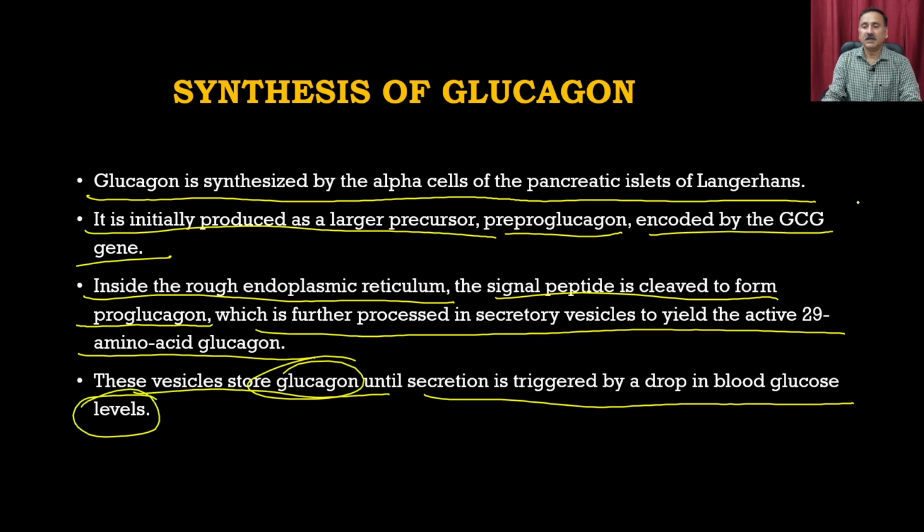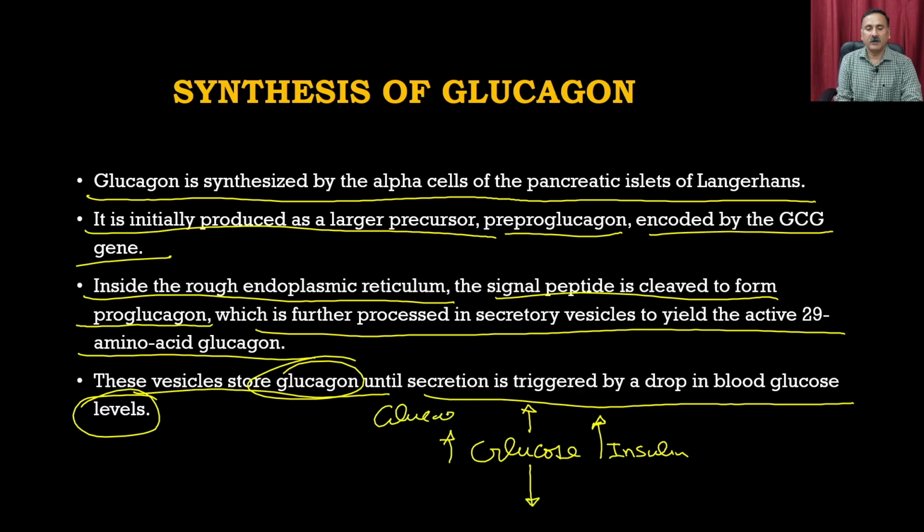So glucagon and insulin are working in a reverse direction, right? If the glucose level goes up, then it is going to induce the secretion of insulin. If the glucose level goes down, then it is going to induce the production of glucagon. So glucagon's job is to maintain the blood glucose level.